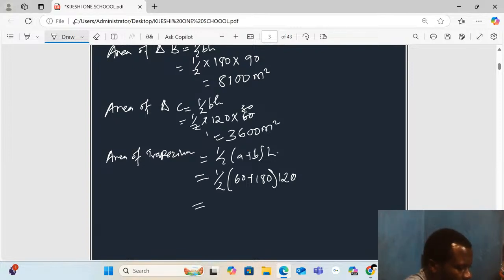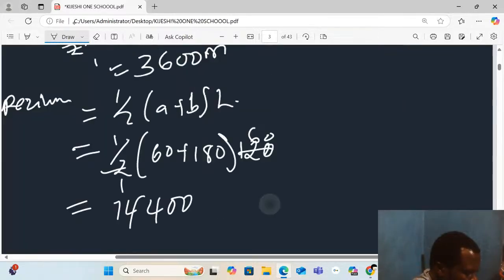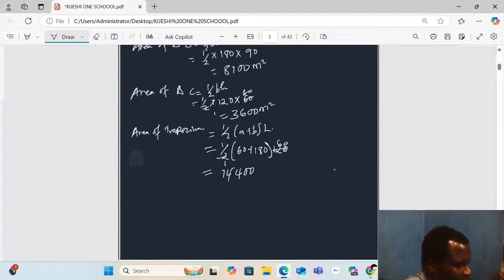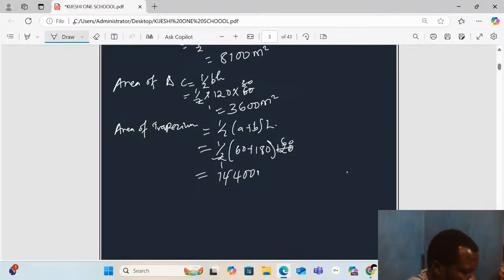Therefore, when we work this out, it is 60 plus 180, then you multiply by 60, and you're going to get 14,400 square meters.